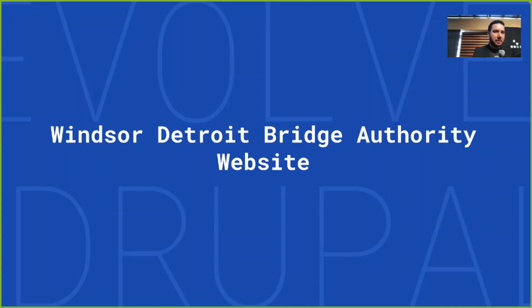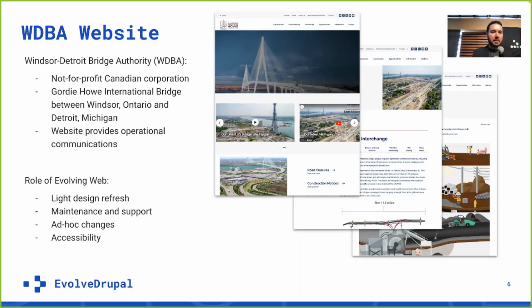We've been using DubBot for web accessibility assessment for the Windsor Detroit Bridge Authority website. It's a not-for-profit Canadian corporation constructing the Gordie Howe International Bridge between Windsor, Ontario, and Detroit, Michigan.